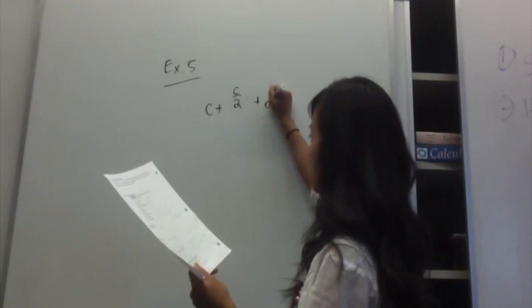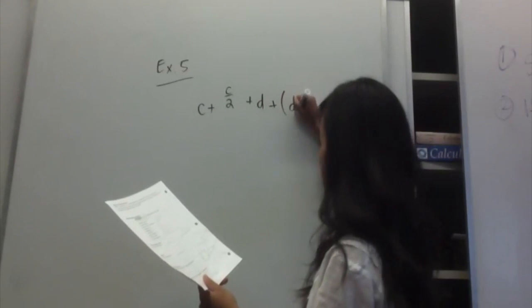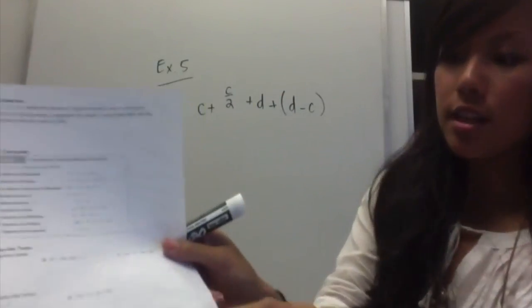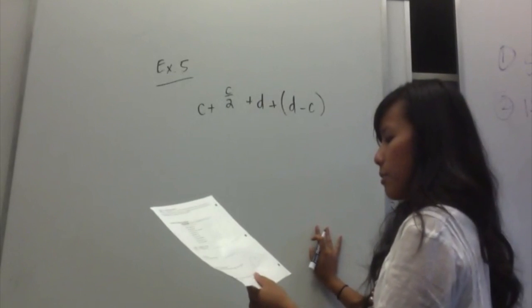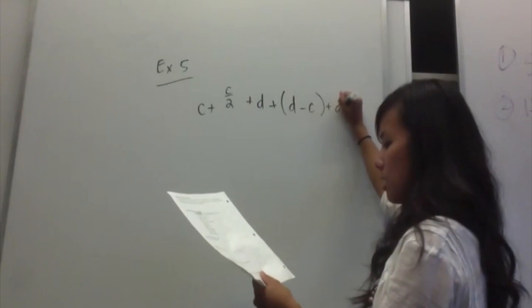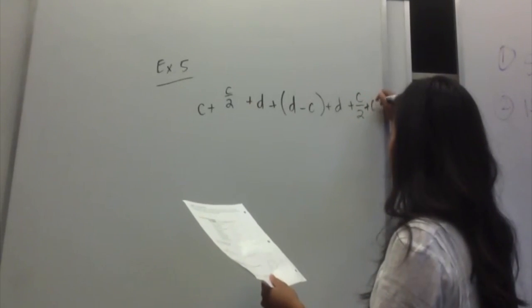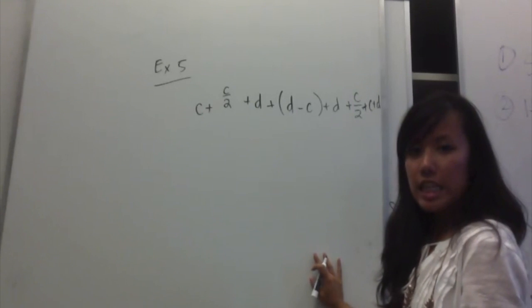Plus D plus, here I'm going to put in parentheses, D minus C, because that's one whole thing. If you notice that side right there is D minus C. And then we're going to keep on going, plus D plus C over 2 plus C and plus one last D. Sorry, it's a little squishy. Hopefully you can see that.